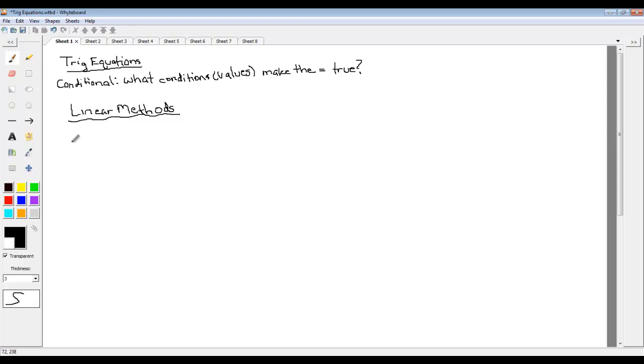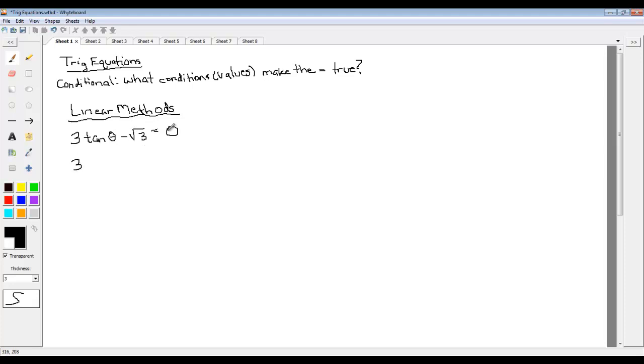Okay, so the first problem, we're going to use linear methods. Basically the same kinds of methods you learned in basic algebra and intermediate algebra when you solve linear equations in one variable. Our tangent theta, theta is our unknown, our variable. We have a tangent theta here, no crazy exponents or anything. So we're going to solve this equation like we would any other.